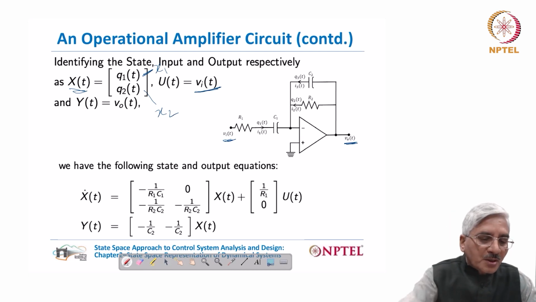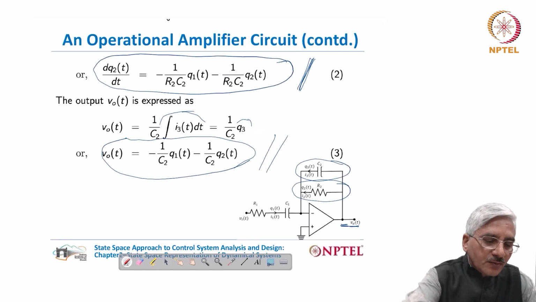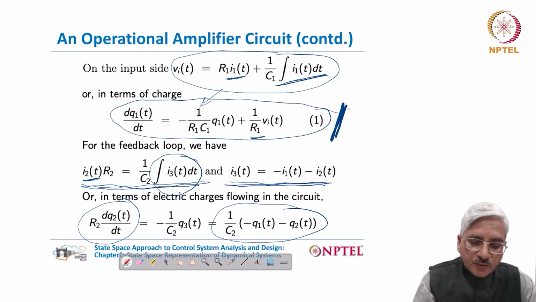As we can notice from one of the differential equations which we wrote here, dQ1 by dt, now Q1 has been identified as x1. So this is dx1 by dt equal to minus 1 by R1 C1 into x1 plus 1 by R1 into Vi, the applied voltage.